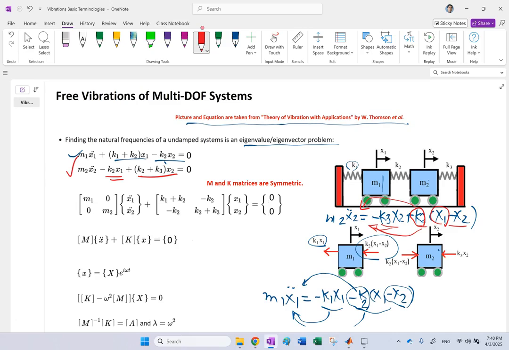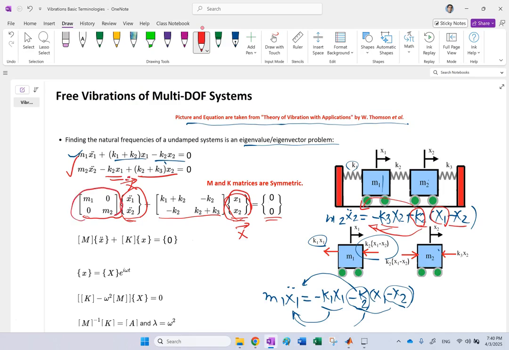Now, one thing you can do is write these two equations into a matrix format. So you can write it as this matrix times the x double dots plus this matrix times the x's equals right-hand side of 0. If you write it this way, and you call this combination x1 and x2 vector x, then this is vector x double dot.